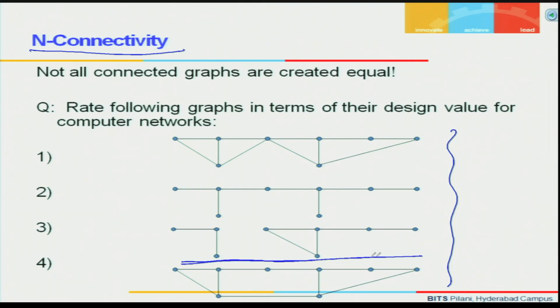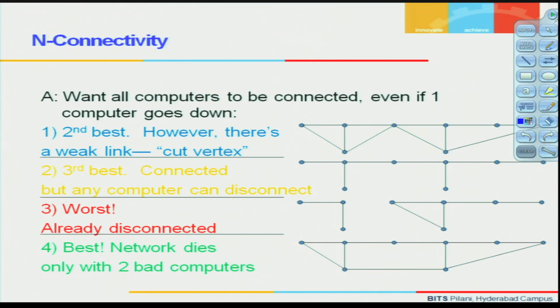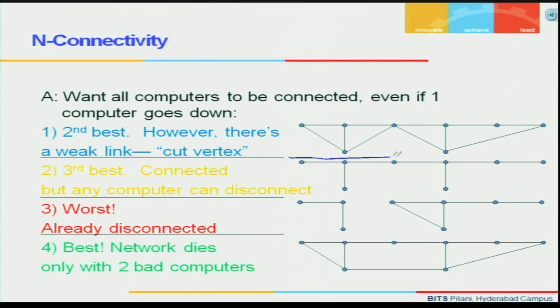This is the worst network among all because there is no connection at all. And look at this guy, and look at this particular graph.